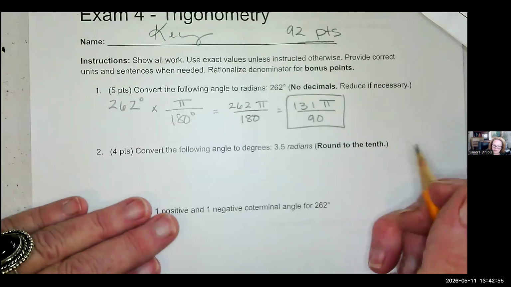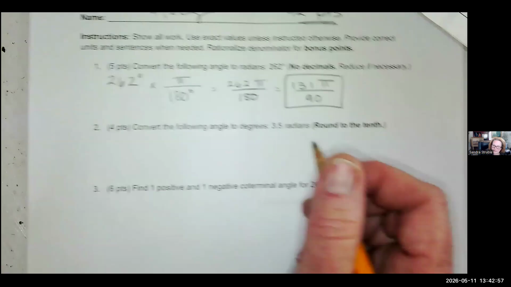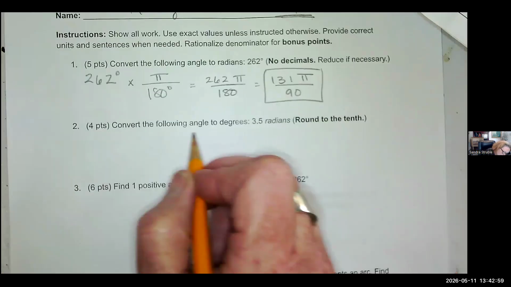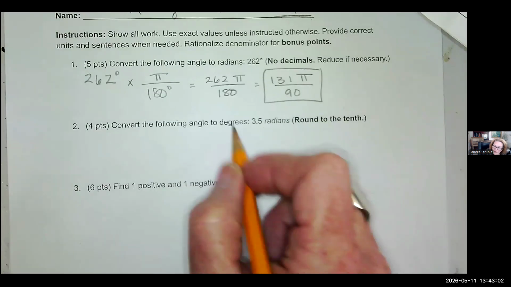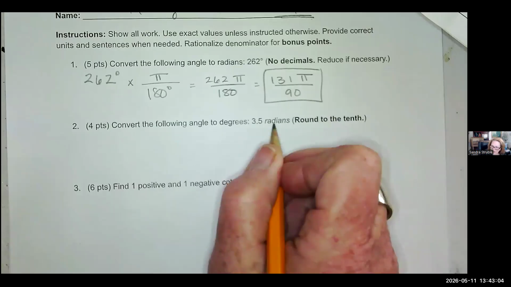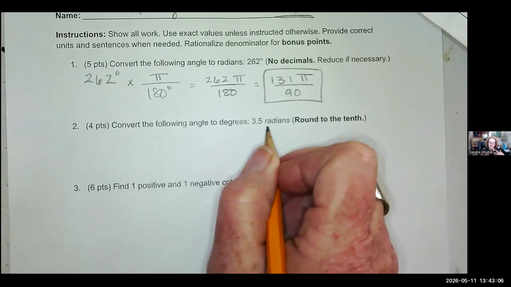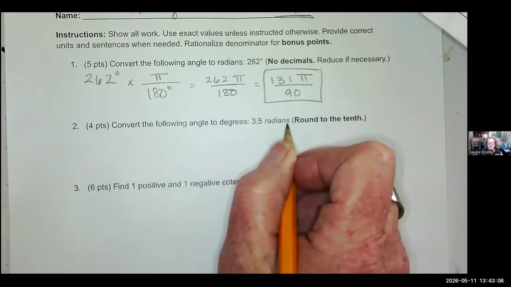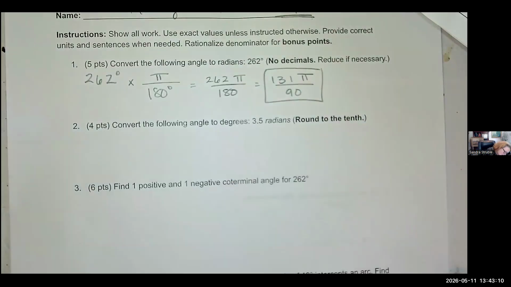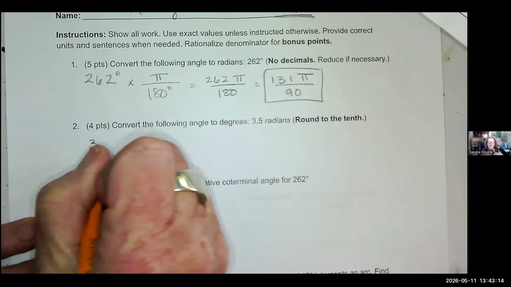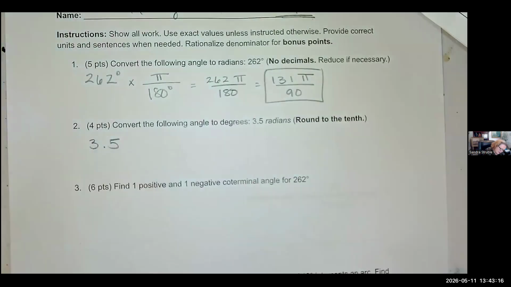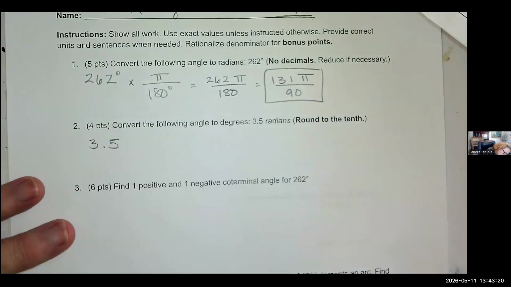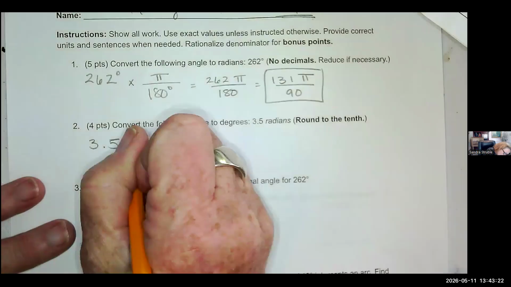The next one is convert the following angle to degrees. Now, this one people struggle with a lot. Do not put a pi sign with this when there's not one given. I put radians here just to let you know it was in radians. So this is just 3.5, not 3.5 pi, just 3.5. And to convert from radians to degrees, you multiply by 180 degrees over pi.